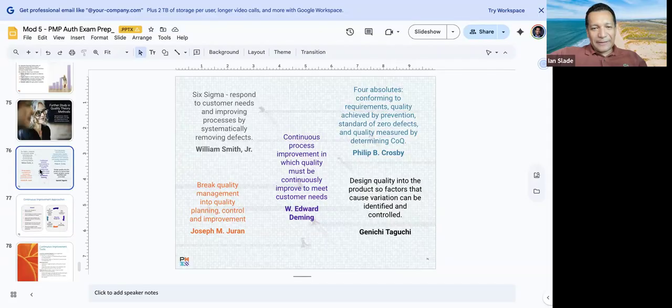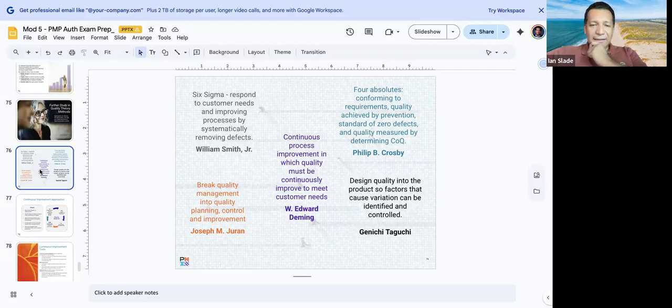So these are some of the ways of looking at quality. We have Deming here, continuous process improvement. We have Juran. I can't remember what he pioneered, but these are some of the pioneers in this space. Then Six Sigma, and the focus there is to remove defects, right?